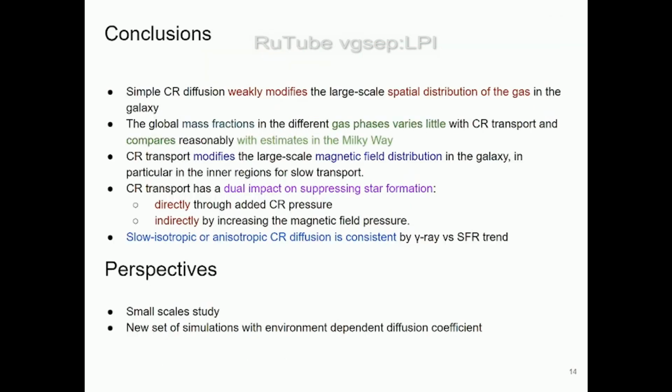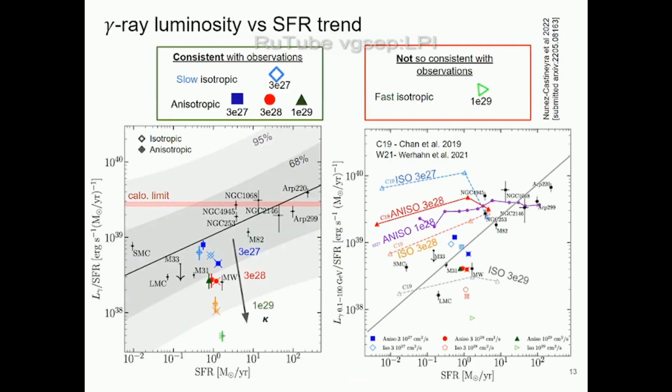Now, of course, this has to be looked at in more detail, mainly because the gas physics in simulations tends to be overlooked and overly simplified, which is something we didn't do in this case.